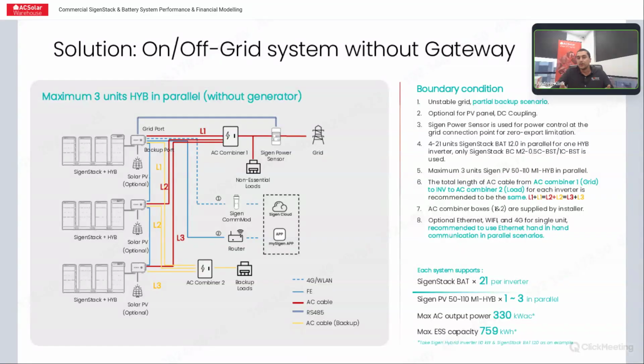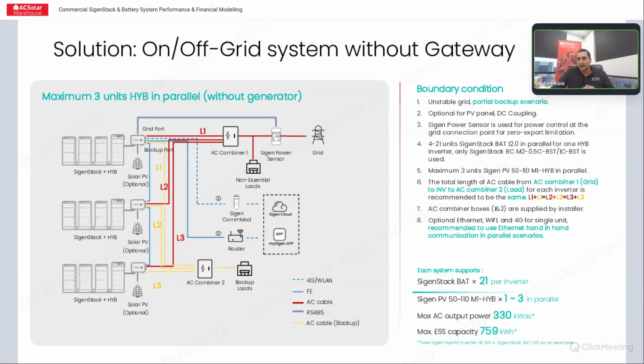One solution could be, unless you need a generator or things like this, you could just use one of the HYB inverters and use the grid port and the backup port to install this system. In that case, you wouldn't require a gateway.